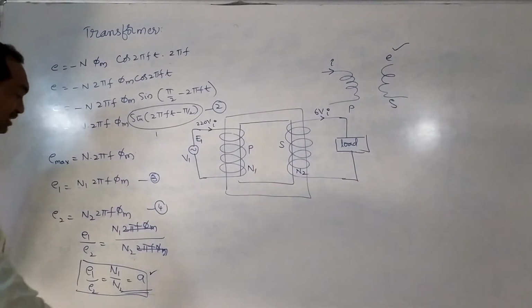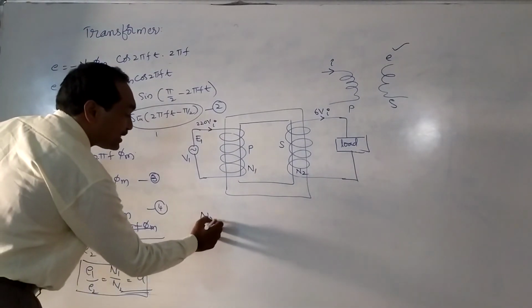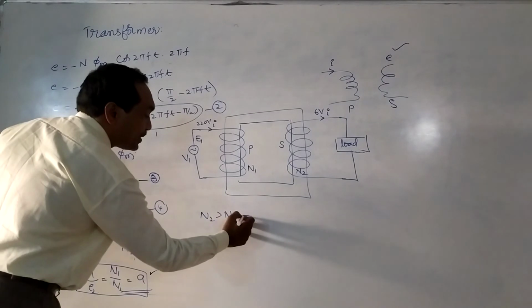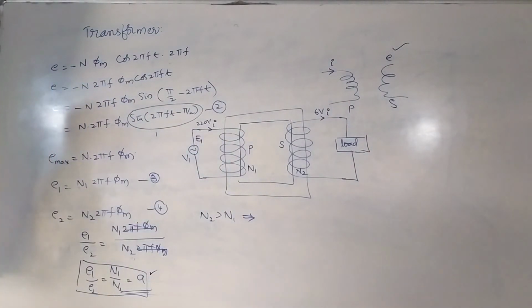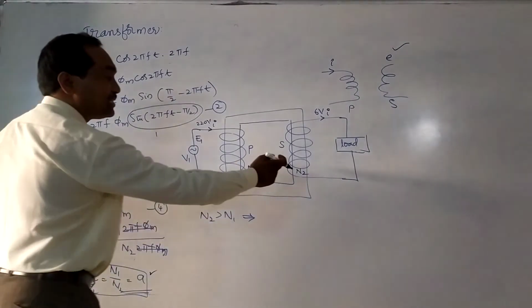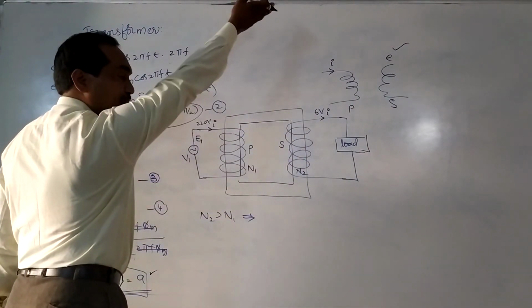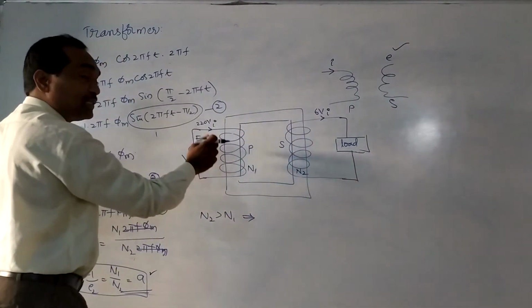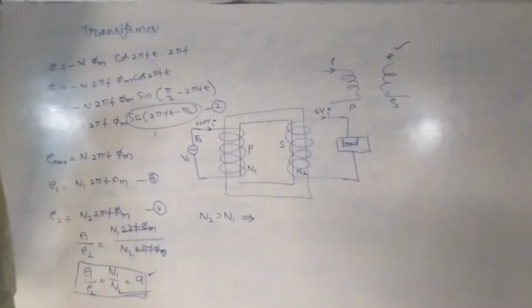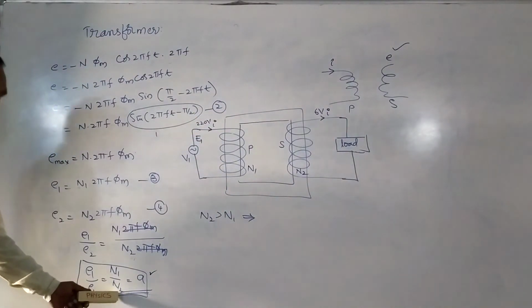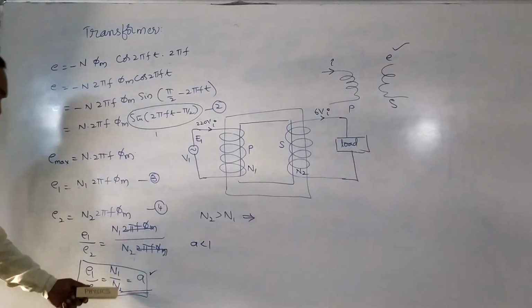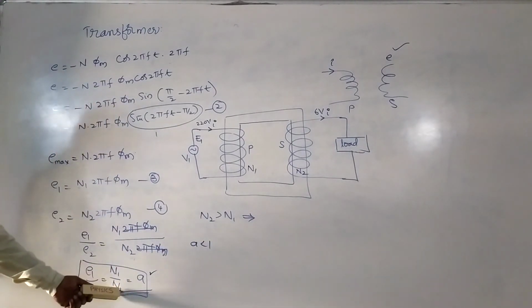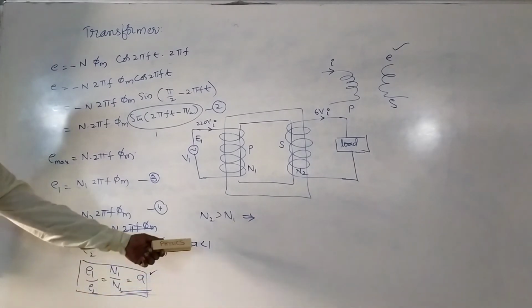So according to this equation, if N2 is greater than N1, then what happens? N2 greater than N1 is nothing but the number of turns in the secondary is more than the number of turns in the primary. If N2 is more, then A is less than 1. Am I right? N1 is less, N2 is more, that is nothing but A is less than 1.